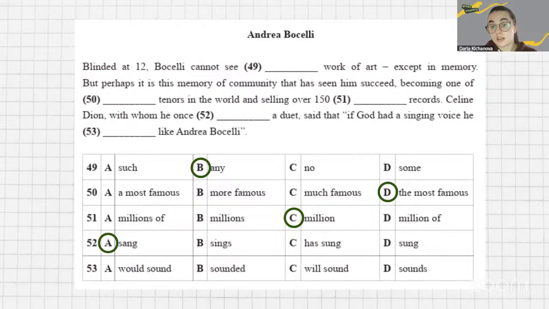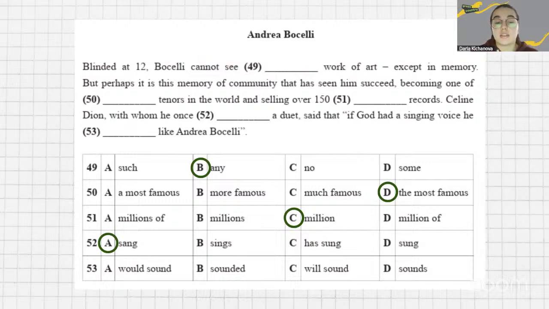And we can understand that it is sang. So he did it only once in his past. So we don't need any connection to the present. He doesn't do it every day. So it can't be used in present simple. So we need to choose A.